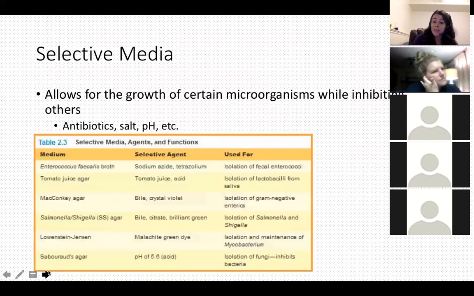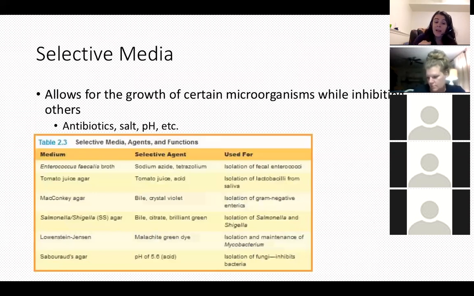So selective media is going to allow for the growth of certain microbes while purposely inhibiting the growth of others. One thing that you often add to media to make it selective are antibiotics, if you were trying to select for microbes that were resistant to a certain antibiotic and select against microbes that are susceptible to it.